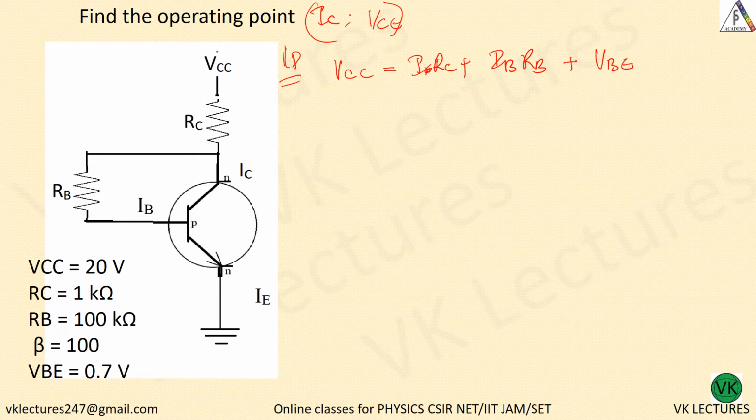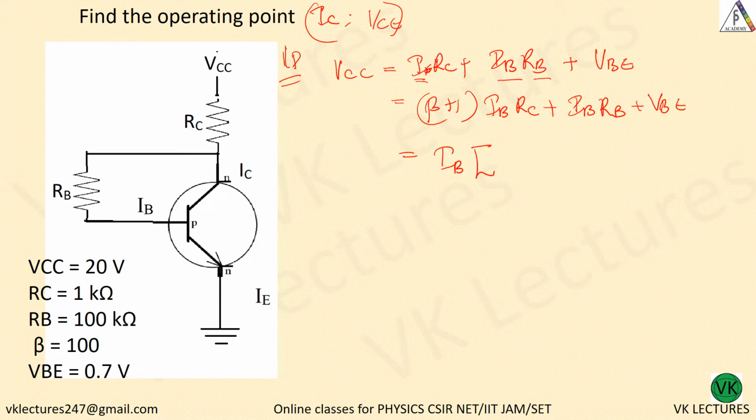I is nothing but beta plus 1 into IB into RC plus IBRB plus VBE. So take this IB outside: IB into beta plus 1 into RC plus RB, plus VBE.